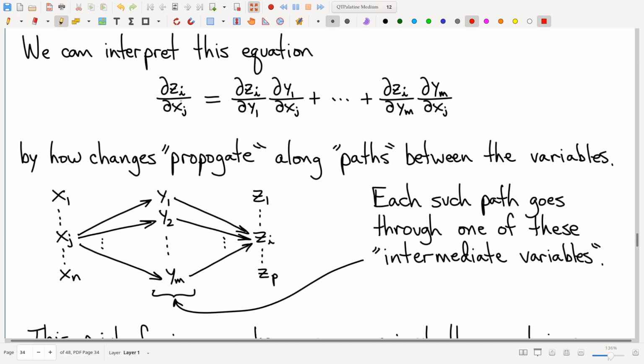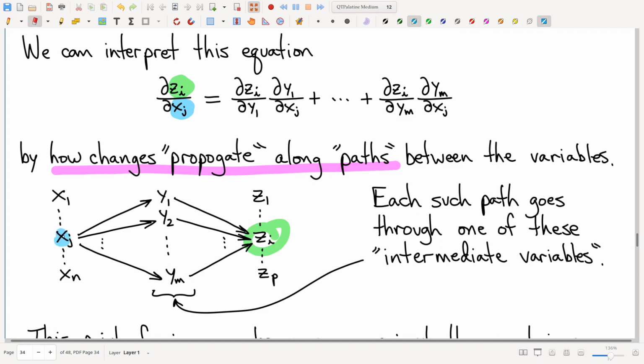Totally different point of view on this equation. I like to think of this equation as coming from looking at how changes propagate along paths. Now this is just a take. It's just a point of view. But let's think about if I'm interested in how Zi changes per unit change in xj.